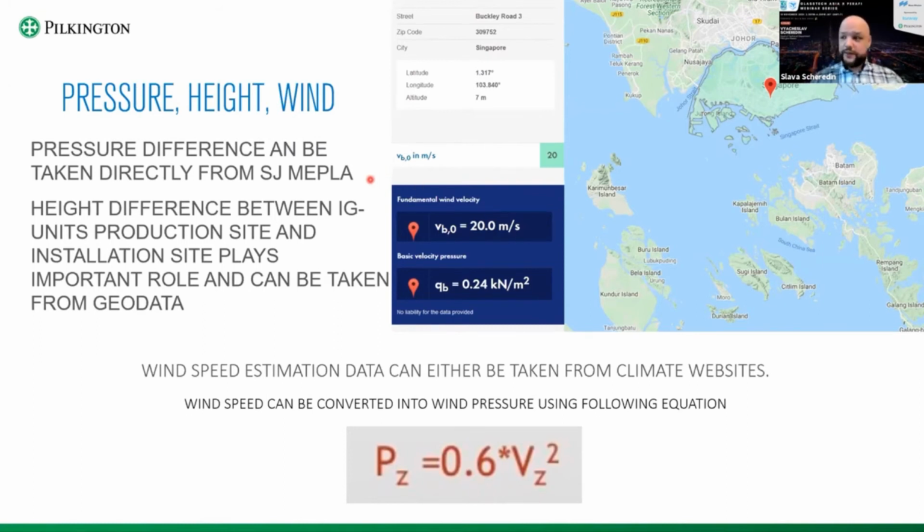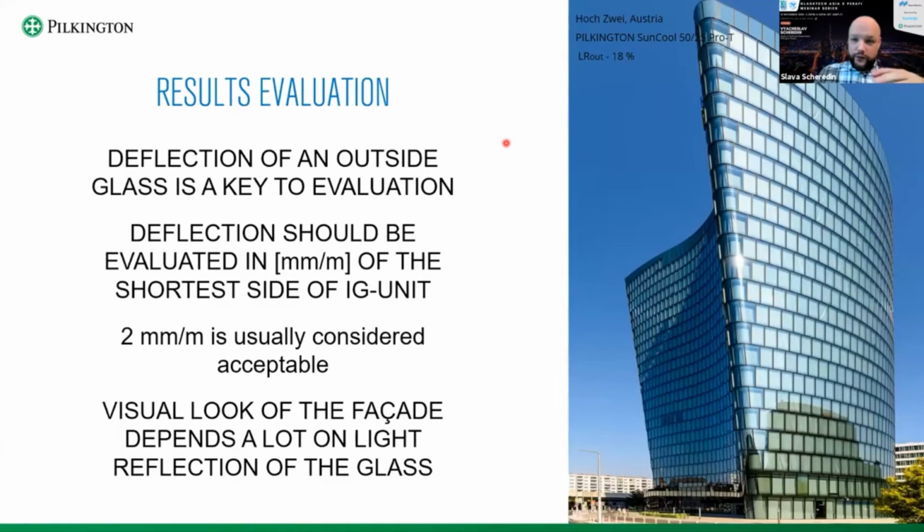Usually the conditions are given as wind speed, but wind speed can quickly be transformed to pressure using a simple equation. And mind you, we're not taking peak maximum wind speed. We are taking regular wind speed, which is happening every day. Our goal, again, is to calculate the everyday situation. Combine all of this and go to the results.